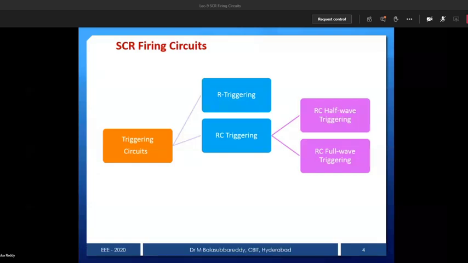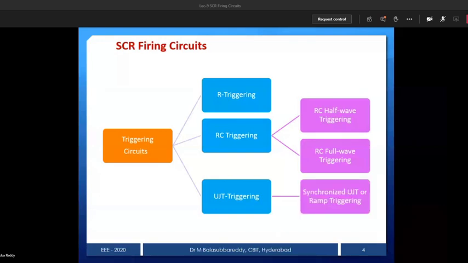In general, there is another method, UJT triggering, in which we have synchronized UJT or ramp triggering. But these methods we are going to discuss, R and RC triggering and all, in general we don't use nowadays. We use only microcontroller based circuits.